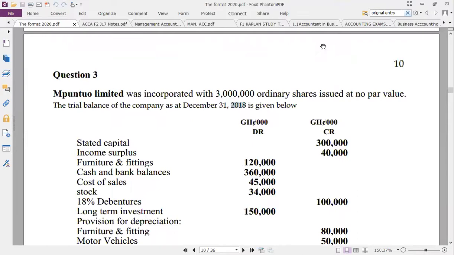We are preparing the comprehensive income for the year ended 31st December 2018. Good. So let's see. Let me do the demarcation here.